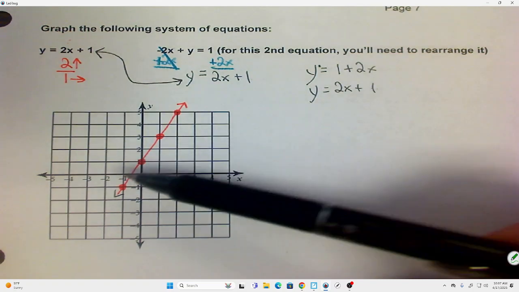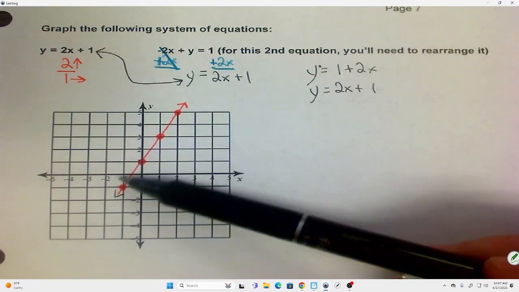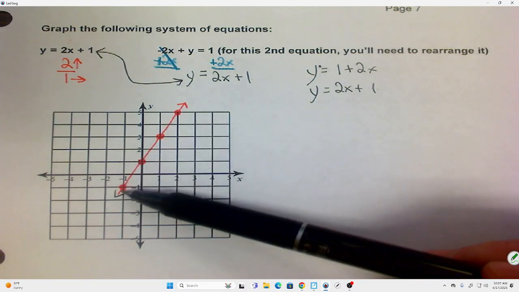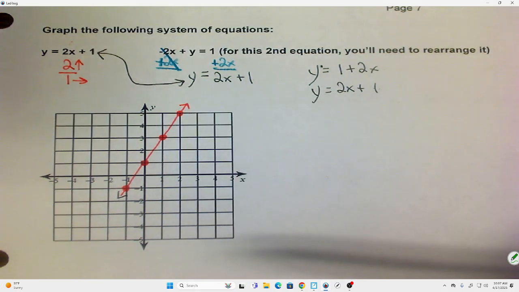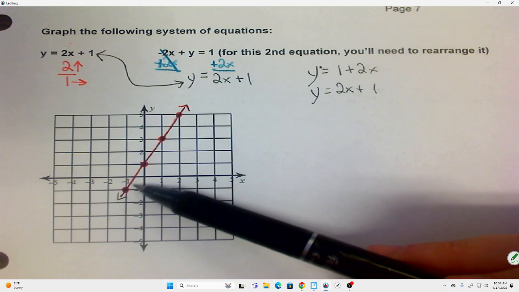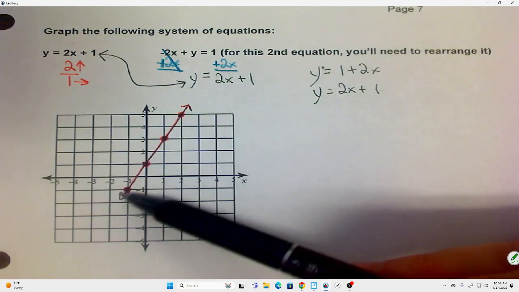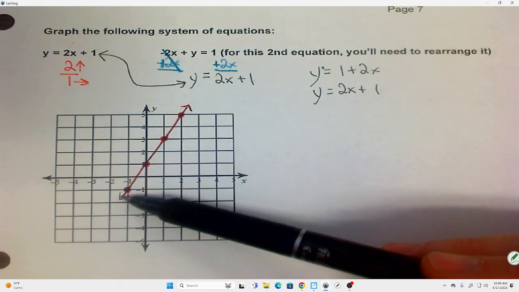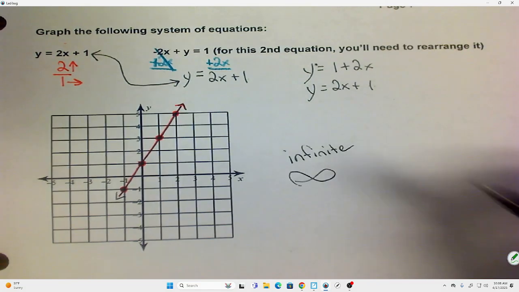So we don't have just one line here. We actually have two lines. We have one line underneath it, and the second line is laying right on top. In fact, I'm going to come through and put black right over the red. But you can still see just a little bit of red there. I'm hoping you get the idea that there are actually two lines here, and they're touching everywhere. They're touching in more than one spot. They're touching in infinite spots.